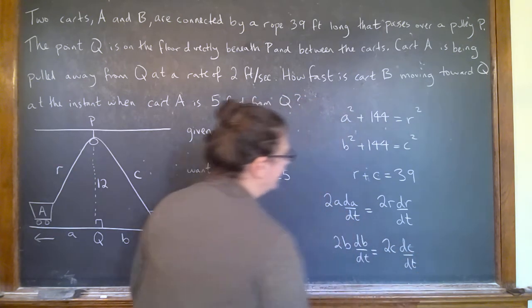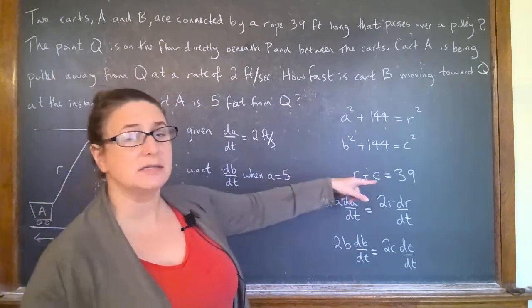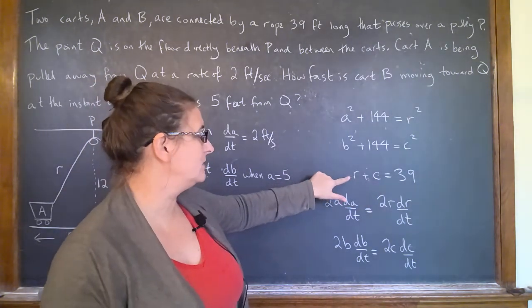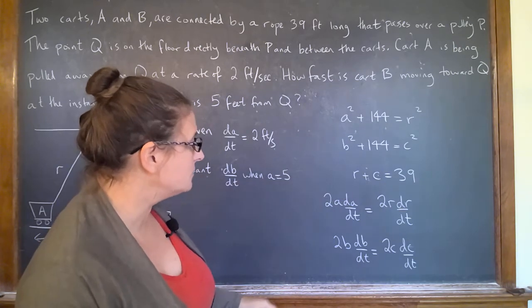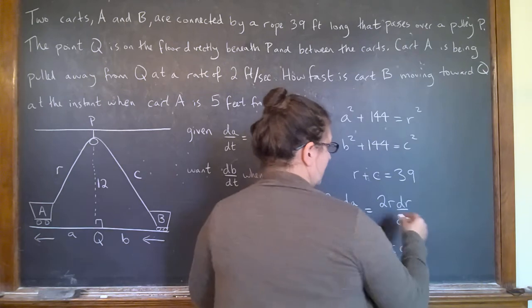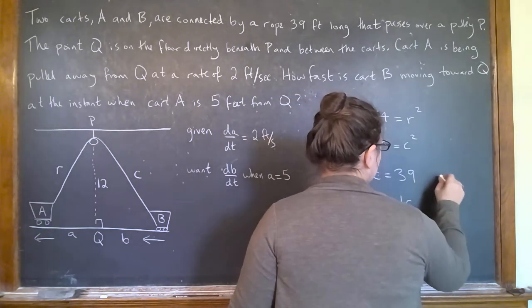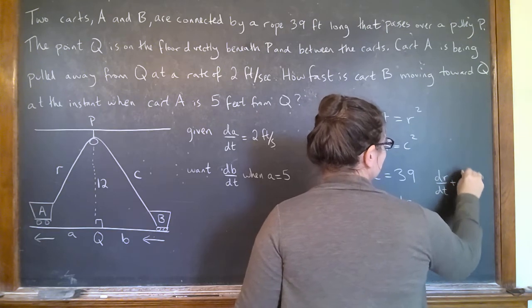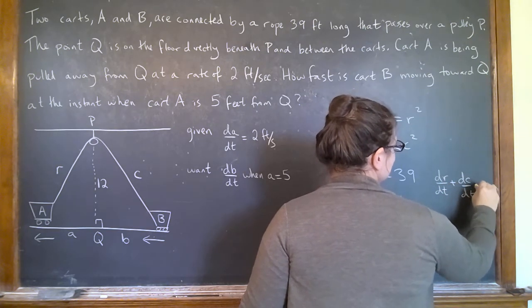And I also have this relationship between R and C. If I take the derivatives there, I'll get a relationship between dR/dt and dC/dt: dR/dt plus dC/dt is 0.